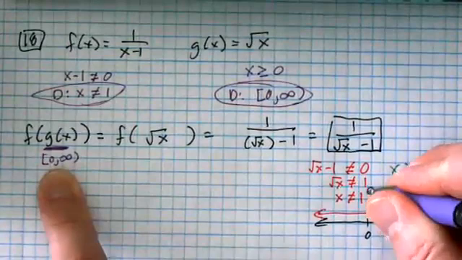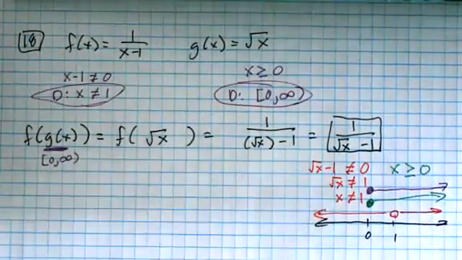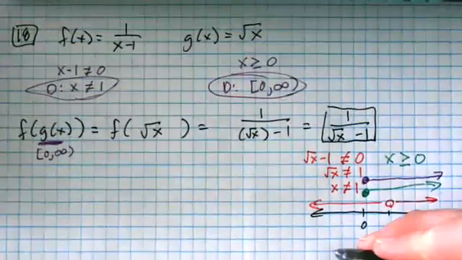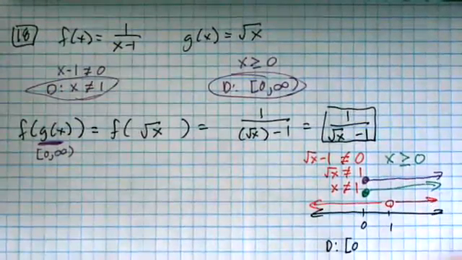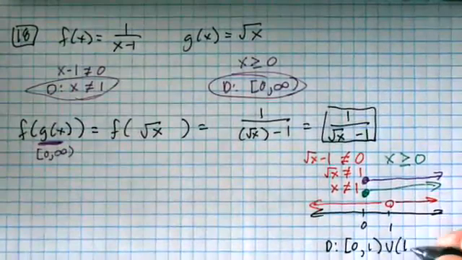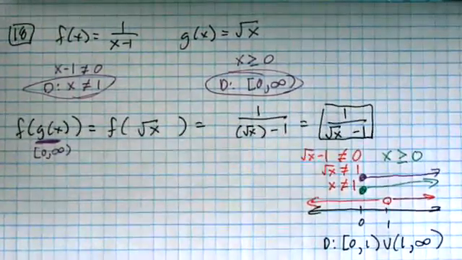We'll put that 0 to infinity on there from the original restriction, and we'll find every place that works for all three of those. And technically it's just 2 because these two are identical, right? So it looks like the domain does include 0. We're overlapping at 0 all the way up to 1, but not including 1. We pick up the other side of 1 and go up to infinity. So that would be our overall domain for f of g of x.